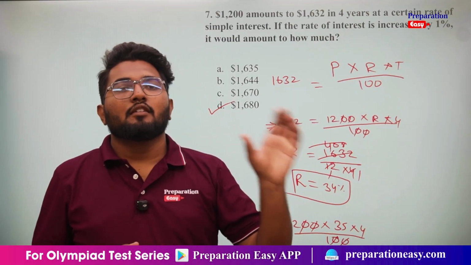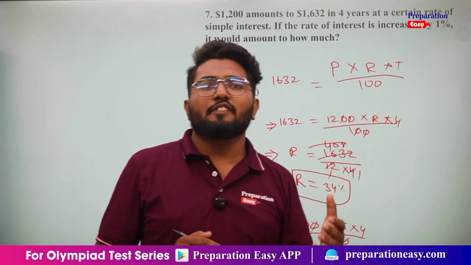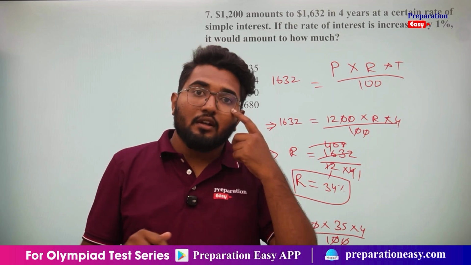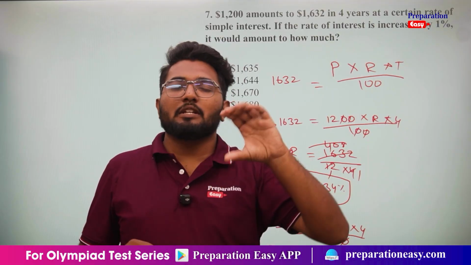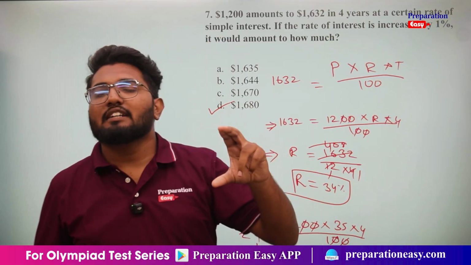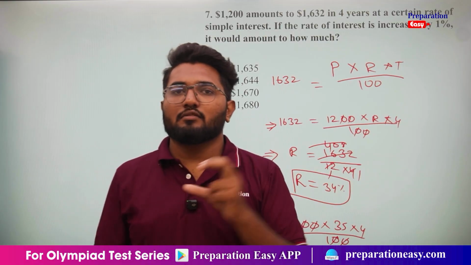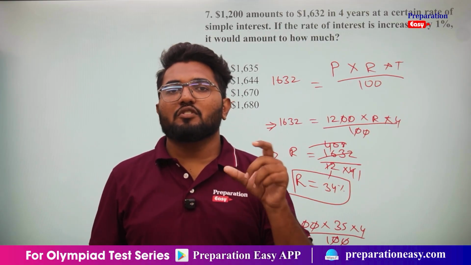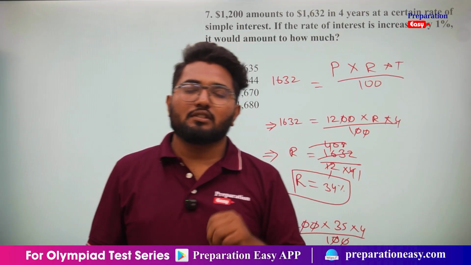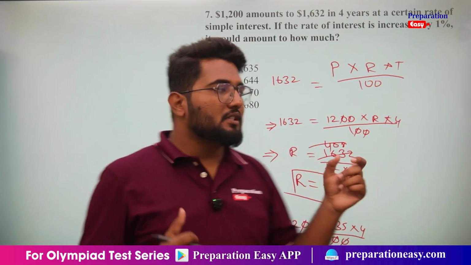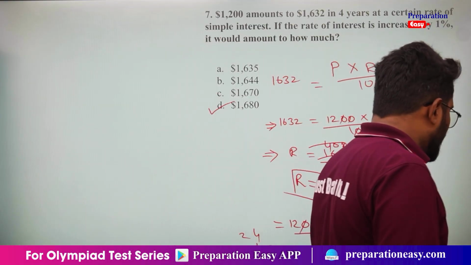Then I added 1% to it, that is 35%, and again calculated the amount after 4 years. Principal will be again 1200, rate of interest will become 35, earlier it was 34, and time duration will be 4 years, so it will become 1680. Okay, let's move towards the next question.